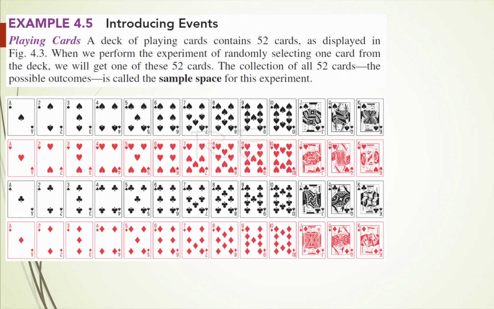A deck of playing cards contains 52 cards. If we were to choose randomly one card from the deck, we'll have 52 choices. These choices are called possible outcomes.